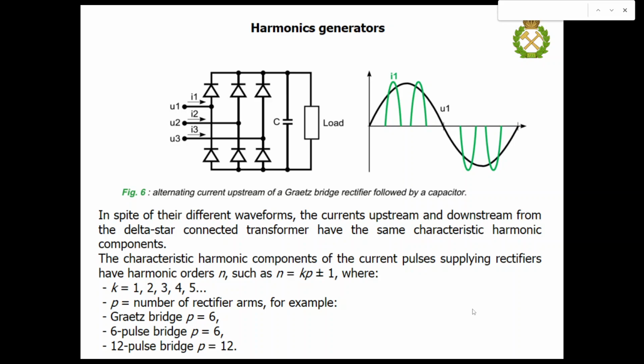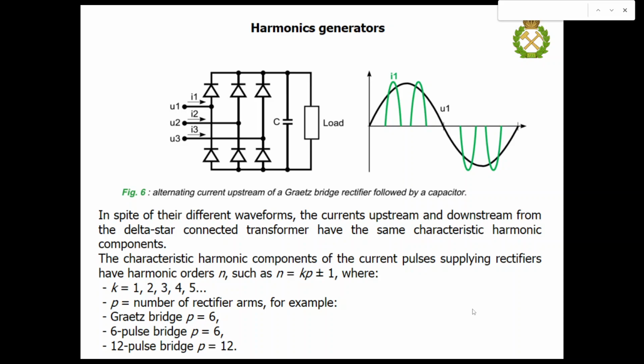Here you may see an example of such a harmonic spectrum of voltage and current. And what about harmonics? Here you may see the harmonic orders, which are defined by the number of rectifier arms.